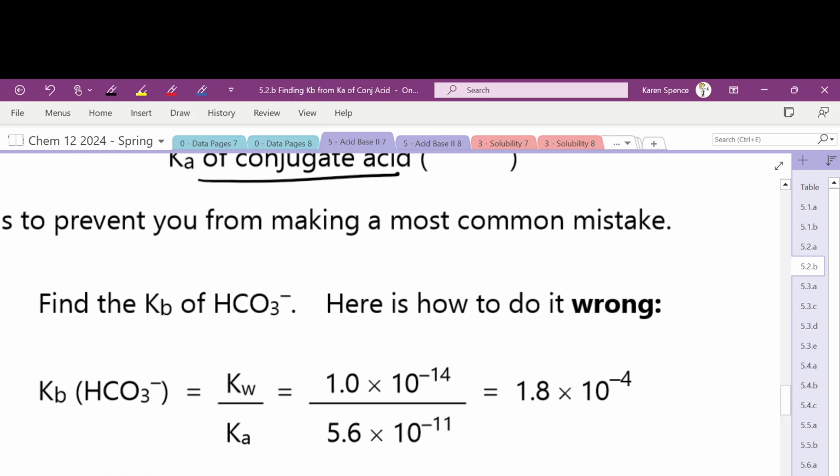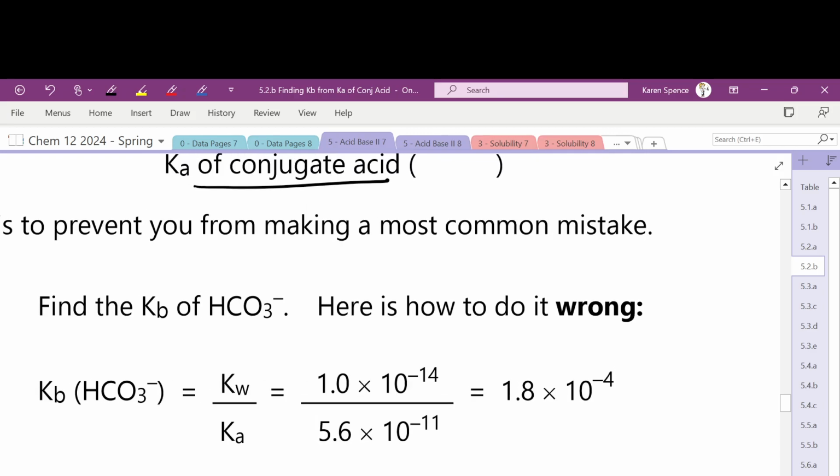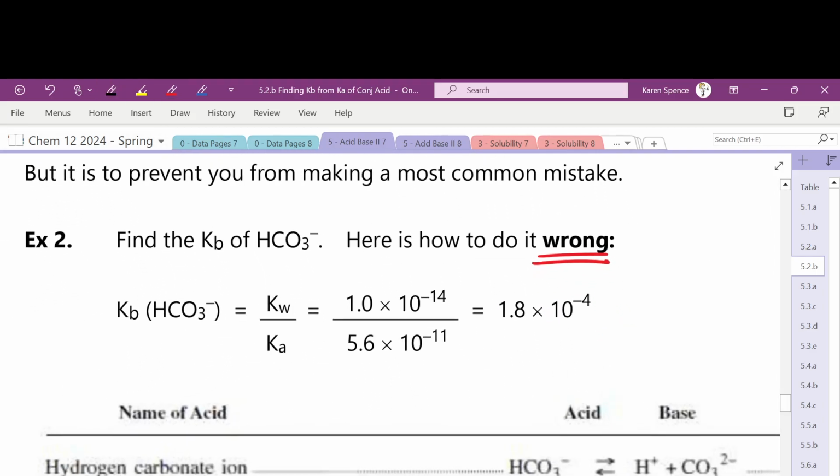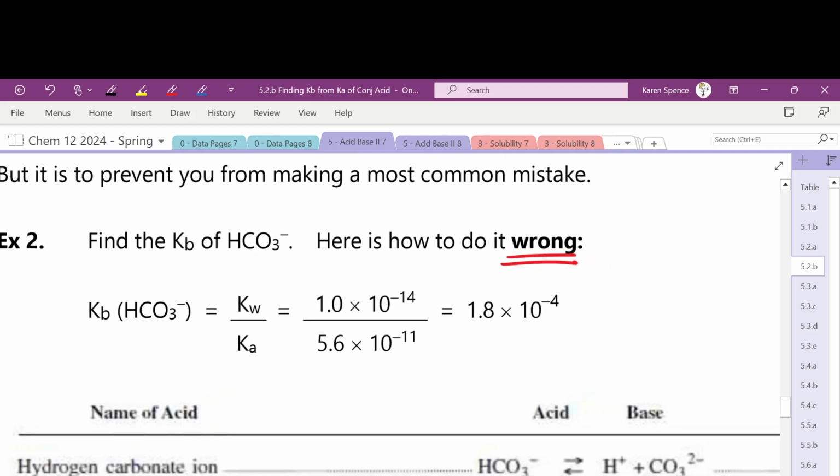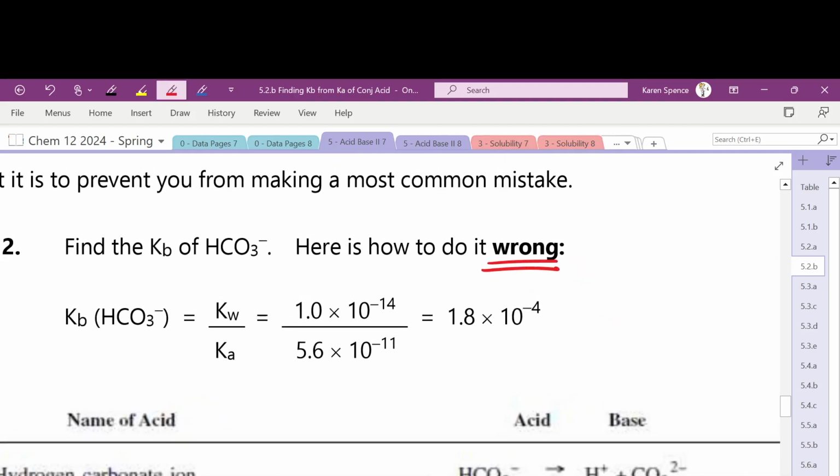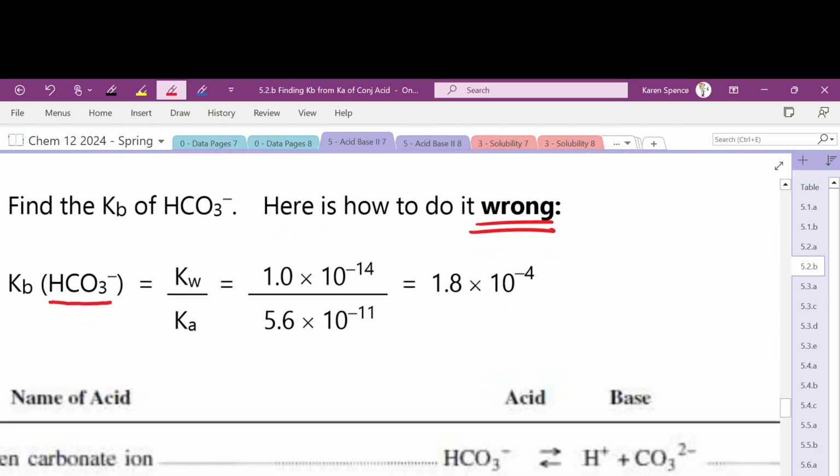Find the Kb of HCO3, and here is how to do it wrong. Kb of HCO3 is equal to Kw over Ka. Notice I haven't written of the conjugate acid. And I look and I say, oh, look, here is HCO3.